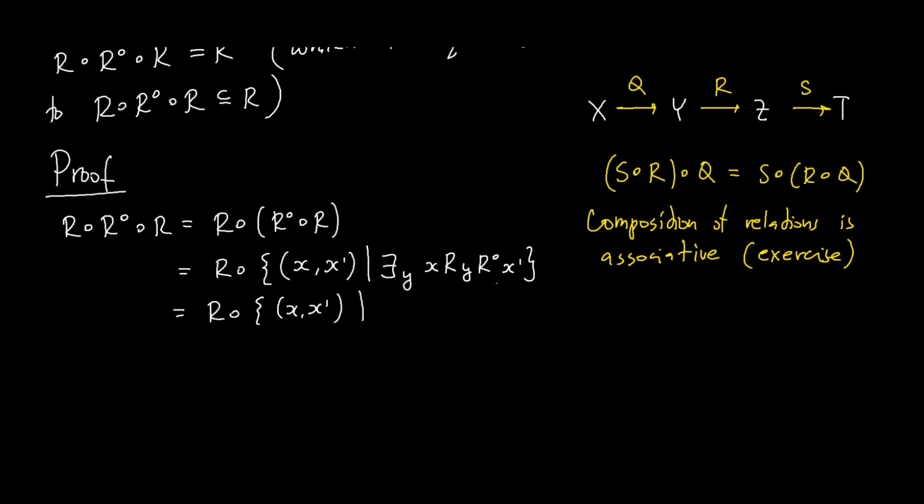But remember, the R op relation is just the swapped around version of the R relation. So that's the same as to say that there exists a Y such that X is related to Y, and X prime is also related to Y.